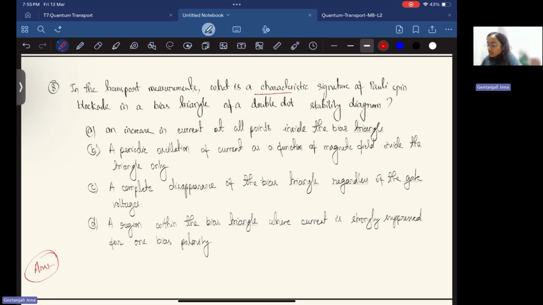Option A, it's an increase in current at all points inside the bias triangle. So inside this bias triangle at all points, we see an increase in current.